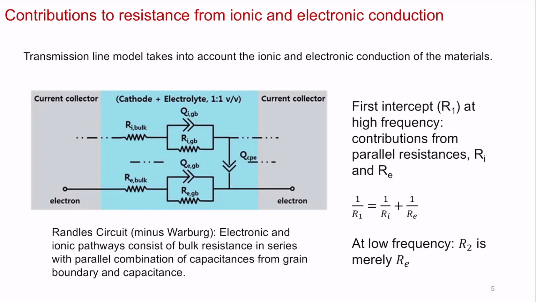And so at low frequency, it's basically just electronic conduction at that point, because you really don't have ionic conduction contribution. So you can break down, when you fit the semicircles, what R1 is, and R2 is essentially the electronic contribution, okay? So that's what we have. So essentially, this is similar to a Randles circuit that you would expect, but there's no Warburg, there's no tail at the end, okay?